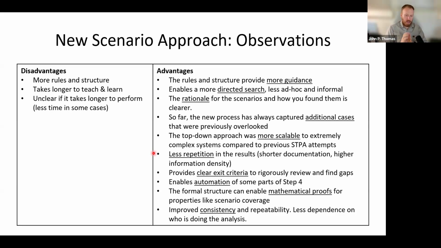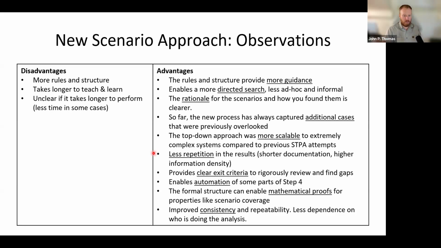So the same sort of incorrect belief may appear in almost every scenario, even for totally different UCAs. And that's an example of repetition. It's valid. The process model can lead you to do a lot of different things wrong, not just one thing wrong. So it's valid and legitimate, but the repetition says something about the efficiency of the process, and there is an opportunity to do better. And that's what this process does.